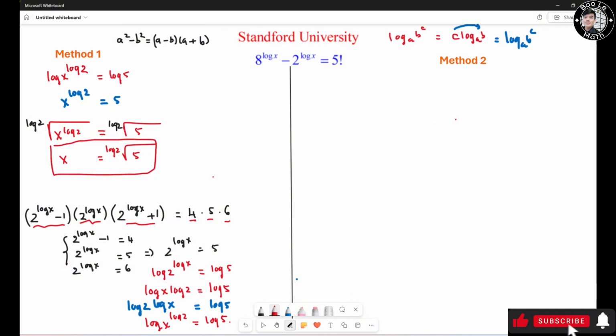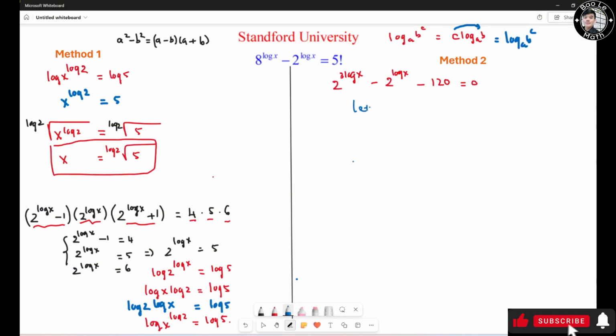Alright, let's move on to the second method. This one can be written as 2 to the third log s minus 2 to the log s minus 5 factorial. But 5 factorial is going to be 120. So I just put 120 right here equal to 0.